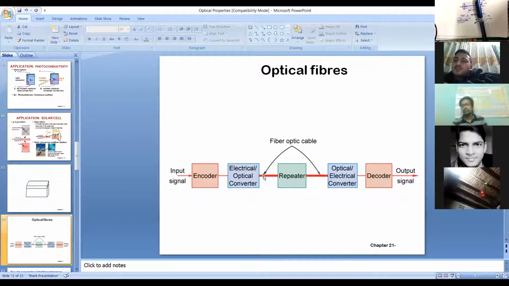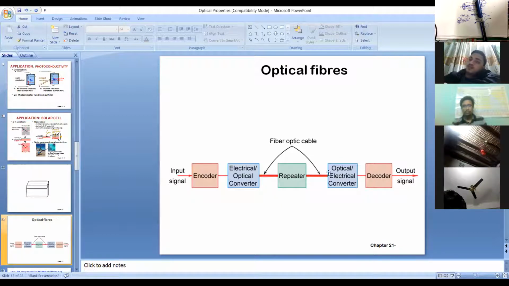Because after some time light loses its energy, so repeater gives it energy and it again goes to the optical converter, electrical converter to America or to Russia or to India to get the answer.